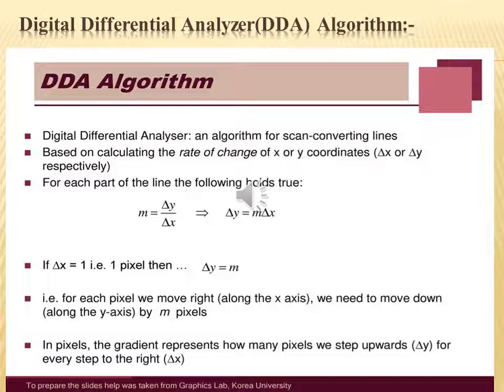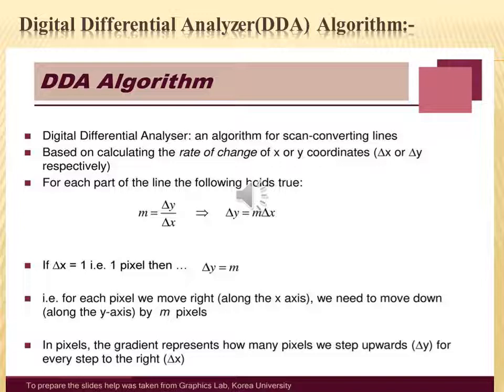For each part of the line, the following holds true: m is equal to delta y divided by delta x, so delta y is equal to m delta x. Here m is the slope of a line.